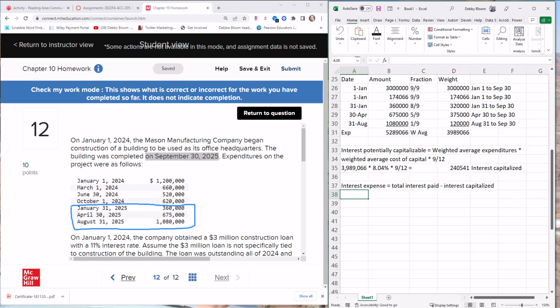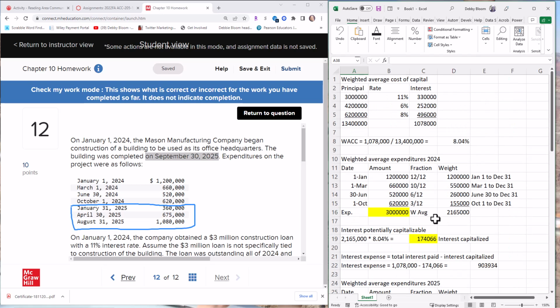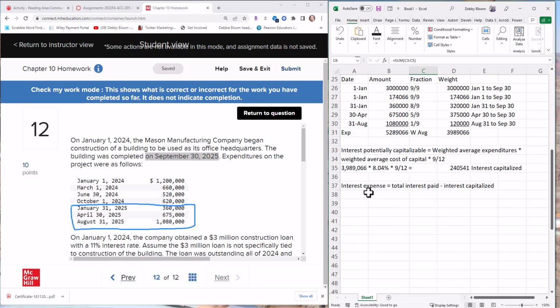So my total interest paid, we calculated at the beginning. We calculated the weighted average cost of capital, $1,078,000. Subtract out the interest capitalized, 240,541.